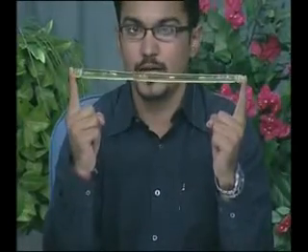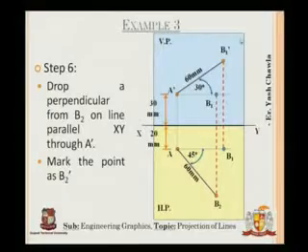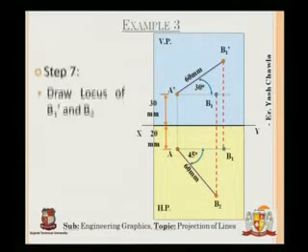The locus of this part will be a straight line. So that's what I'm going to draw. For both B1 dash and B2, if they are making different angles with HP and VP, and I draw the locus of these two points, then it will actually be a straight line.